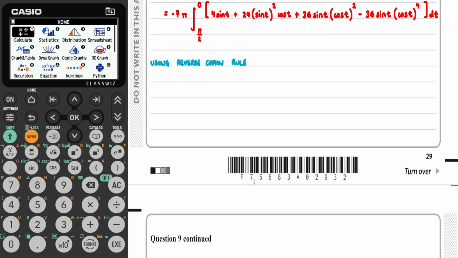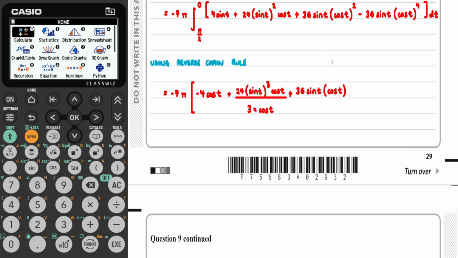So if I use the reverse chain rule, well, I've got this negative 7 pi. Now if I integrate 4 sine t, I've got negative 4 cos t, and if I integrate 24 sine t squared cos t, well, I add 1 to the power, and then I divide by the new power and divide by the differential of the bracket.